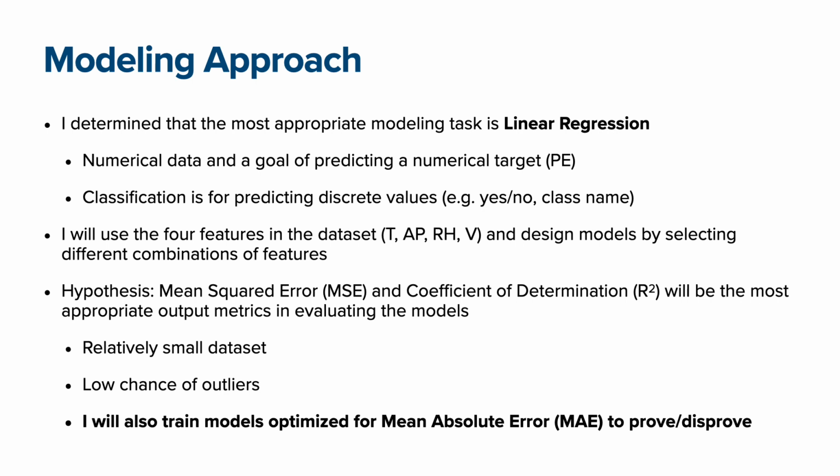I hypothesized that the mean squared error, or MSE, and the coefficient of determination, or R squared, would be the most appropriate output metrics to evaluate the different models. There was a relatively small data set and hopefully a small chance of outliers. But just to make sure, I also wanted to train models optimized for the mean absolute error, or MAE, which tends to handle outliers a little bit better, and see what the performance was like in both of those cases.